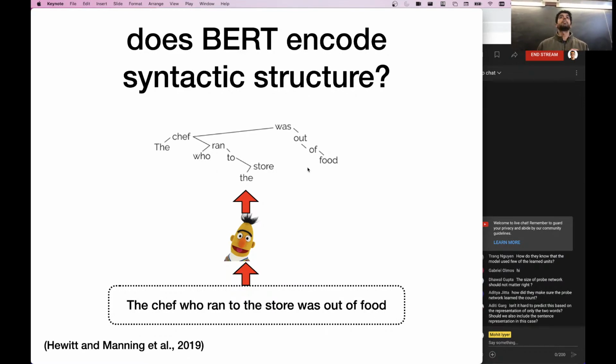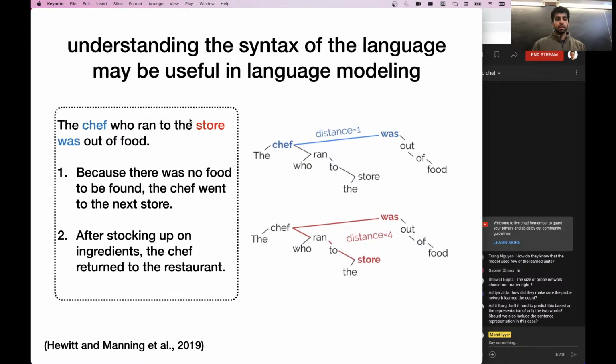If you have a parse of this sentence, you can see that "was" is connected to "chef," because the chef is the one who's out of food. But if you interpreted this sentence wrongly, you might think that "was" is modifying "store." And so these different structures lead to very different interpretations of the meaning of the sentence.